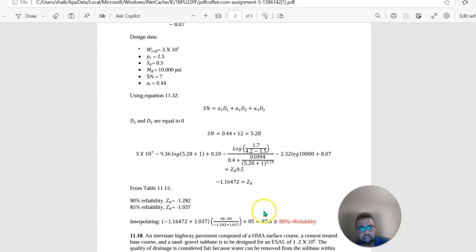So Z_R for 90% is minus 1.282, and for 85% it's minus 1.037. By interpolating these values, we got 87.6 something, so it's going to be 88%. So from Table 11.5, it's going to be 88% reliability.